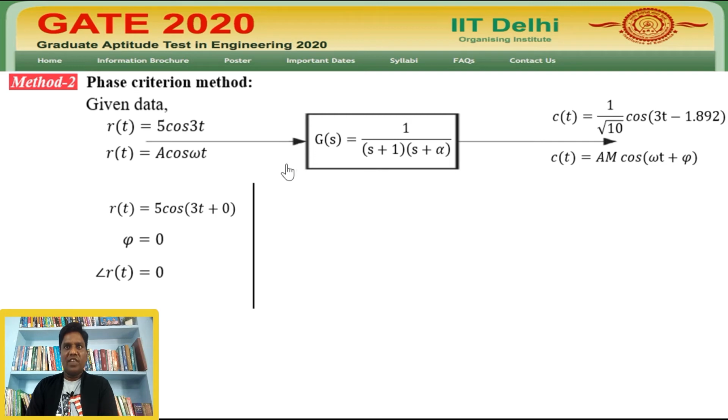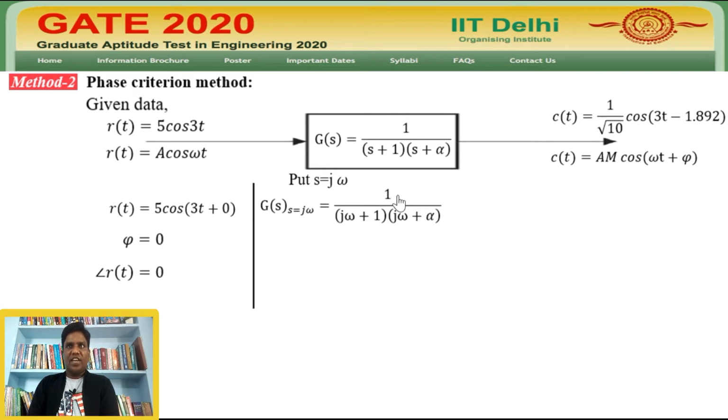Second one, we will write the phase expression for the given transfer function of the system, and first put s equal to j omega in the given transfer function. Then the equation will be G of s, here s equal to j omega, equal to 1 divided by (j omega plus 1) into (j omega plus alpha). Here we can write the phasor expression for the first term of the denominator.